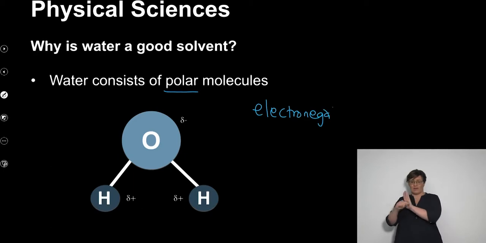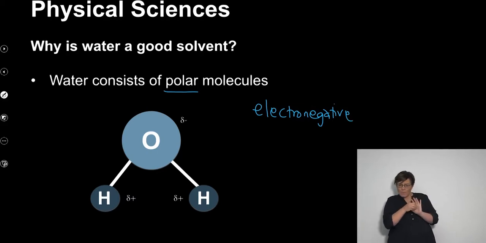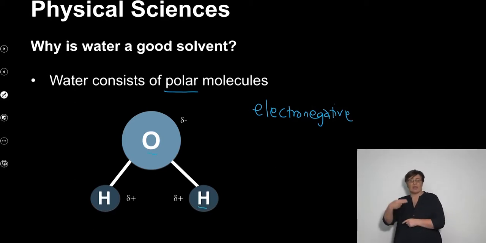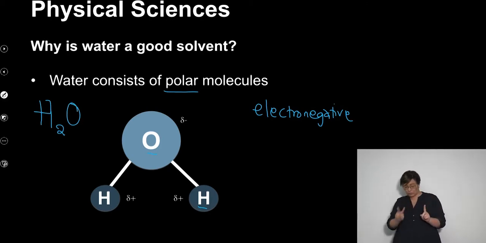So electronegativity is a measure of the tendency of an atom to attract the bonding pair of electrons. So there is a bond that exists between the oxygen and the hydrogen atom in a water molecule. Remember, this model comes from the chemical formula H2O. So it means for every oxygen atom, there are 2 hydrogen atoms bonded to it.